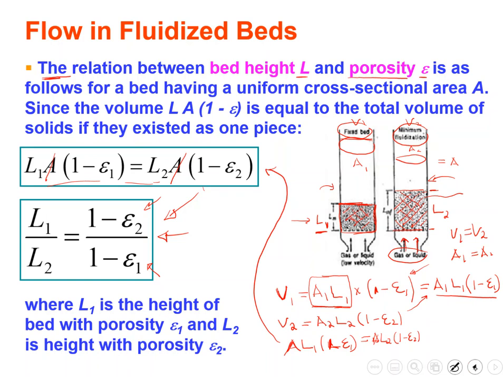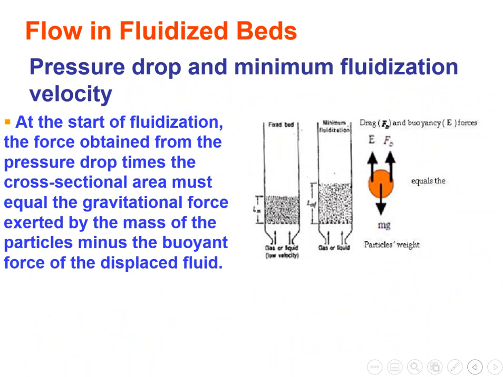Now let me go to the second concept, and here I want to get a relation between the pressure drop and the minimum fluidization velocity. So again, I can look at, for example, these two conditions, but the main thing here is, let us say, a force balance.